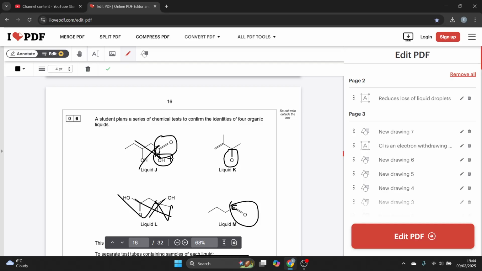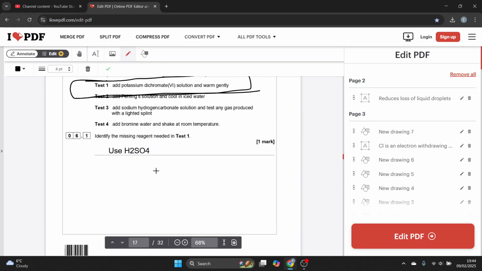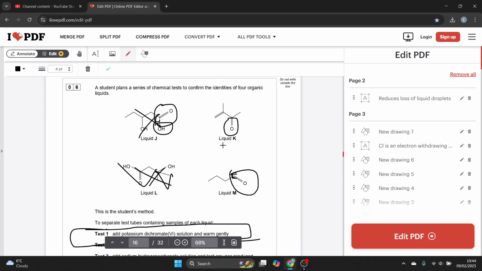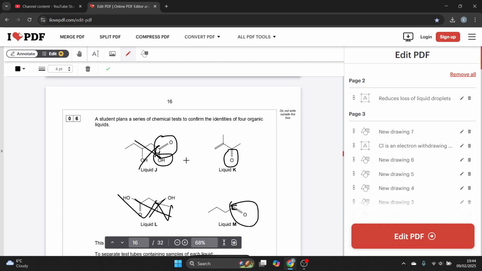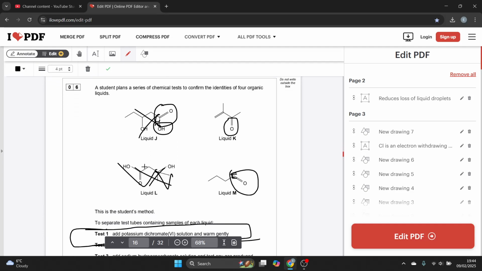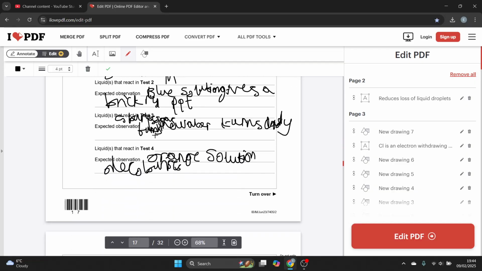But they both got the carbonyl group at the end of the carbon chain. That's an aldehyde, whereas the ketone's in the middle. So I just got confused between that. So M, the aldehyde only, and therefore it must be M. It can't be J, it can't be L, and it definitely can't be K. That's a ketone. Same with L. And J's got an OH group, so we can't use that as well.